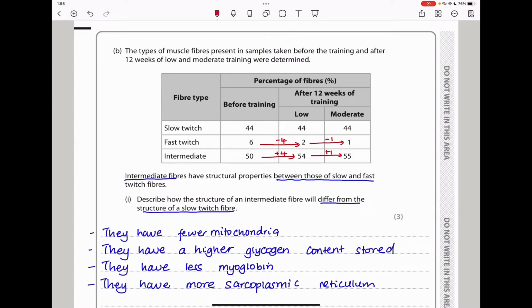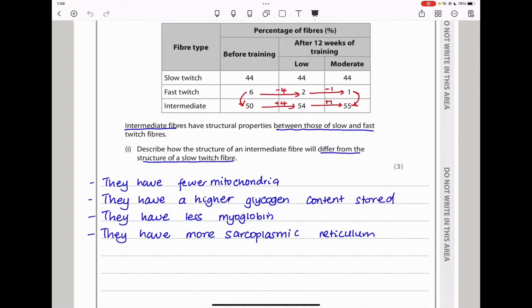This is evident that 4% of the fast twitch are going to be converted into intermediate twitch, and here we can see 1% of the fast twitch will be converted into intermediate twitch as well. So what we can observe is that as intensity of exercise increases, some of the fast twitch muscle fibers are going to be converted into intermediate muscle fibers.